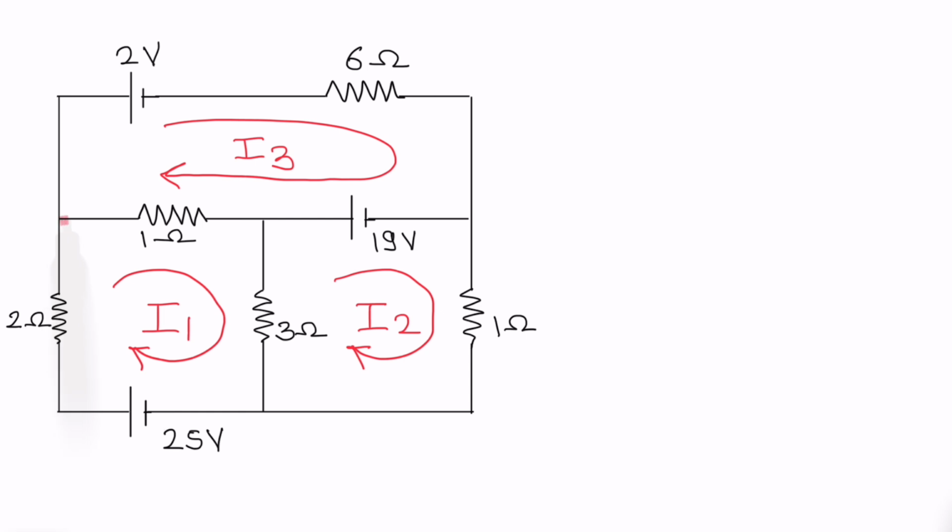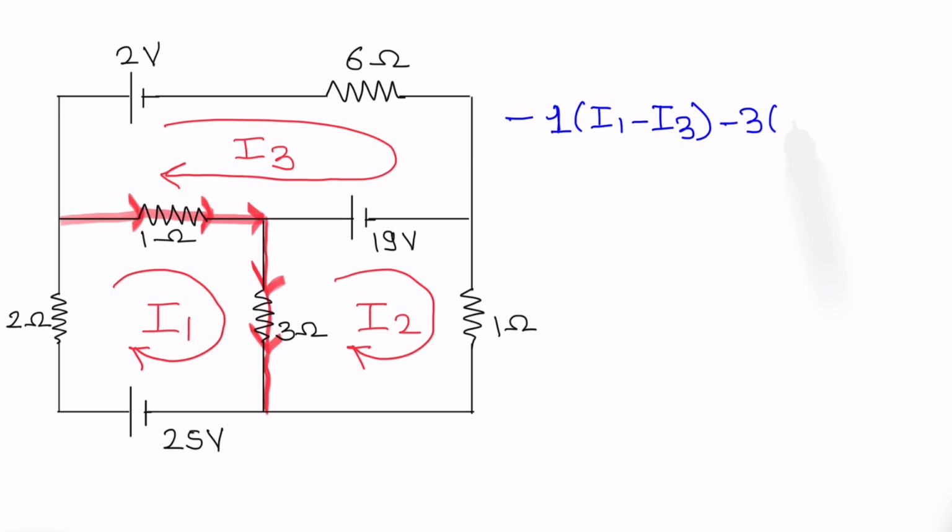starting with loop number 1, the first equation: minus 1 (I1 minus I3). Second parameter, minus 3 (I1 minus I2). Third parameter, plus 25.